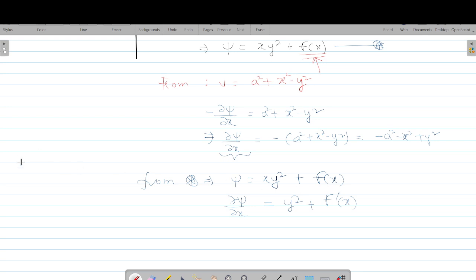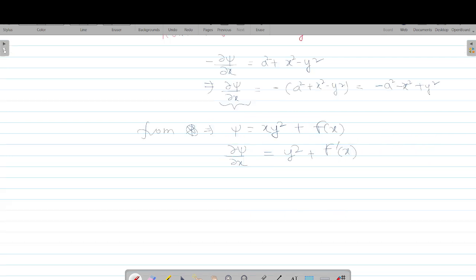Differentiation of f of x gives you f prime x, right? Then, as you already have the value of d psi by dx from here, you can put this value: negative a square minus x square plus y square is equal to y square plus f prime x.